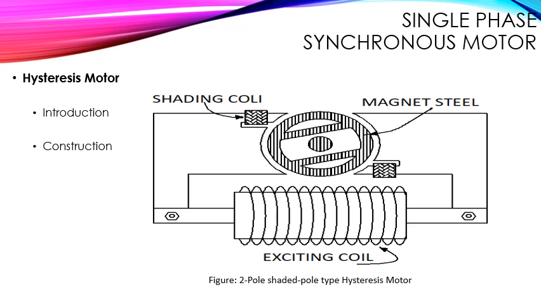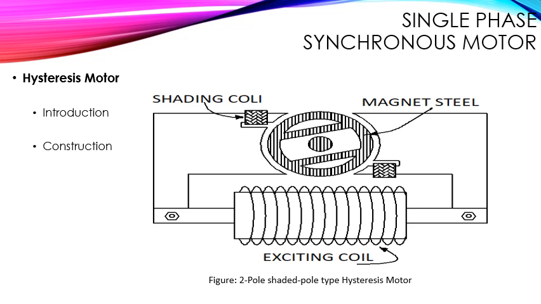Constructionally, it is similar to a single phase induction motor of the split phase type, and there is no winding on the rotor. So it is a non-salient type of construction. It has a stator with a permanent capacitor, and what is the purpose of the permanent capacitor here?